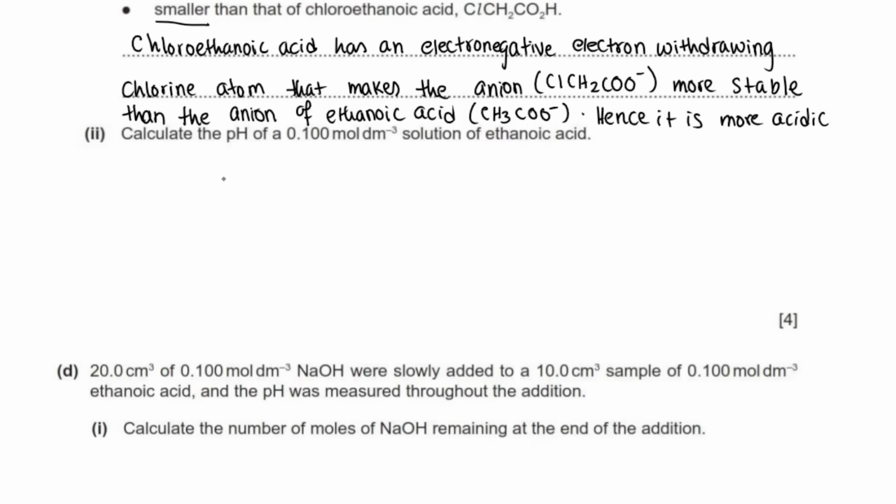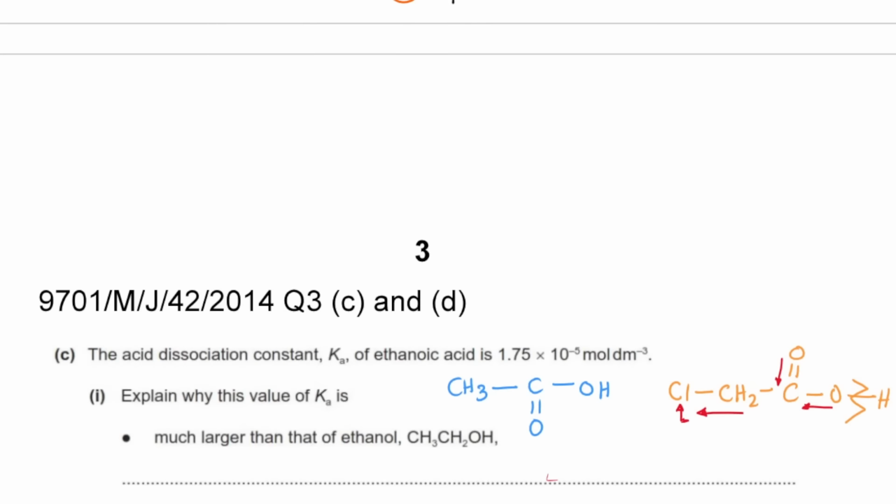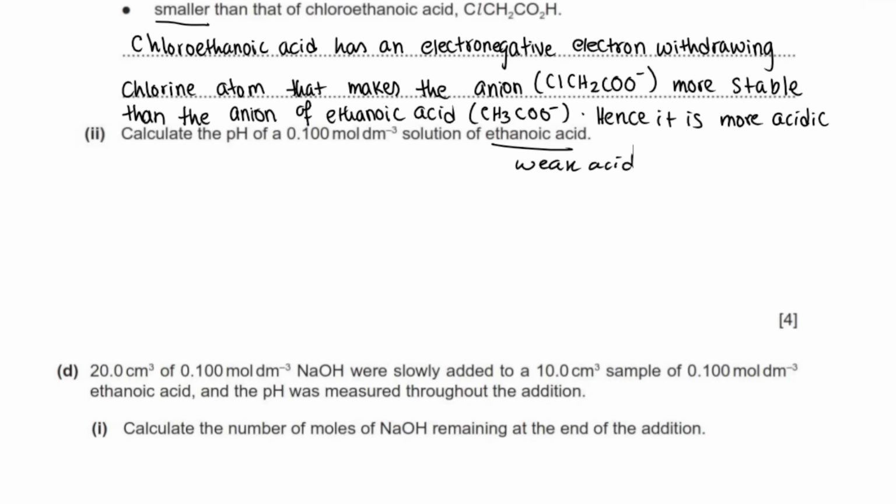For part 2 of C, we've been asked to calculate the pH of 0.1 mole per dm cube solution of ethanoic acid. So ethanoic acid is a weak acid, so we need its acid dissociation constant value. We were told it was 1.75 times 10 to the power minus 5. Okay.